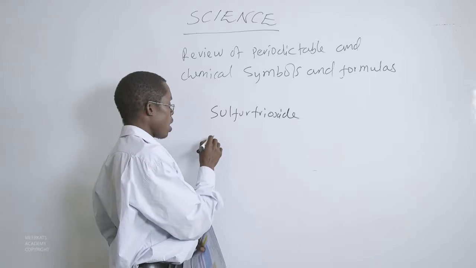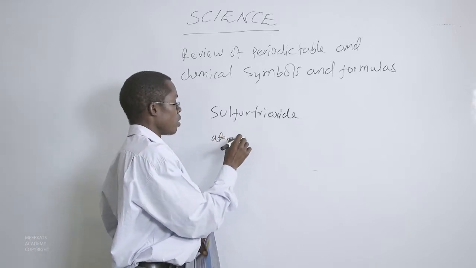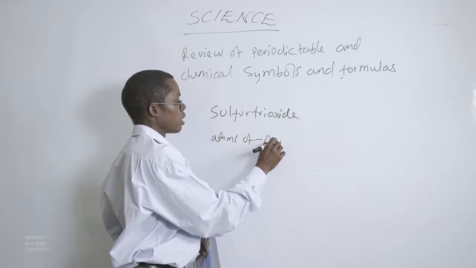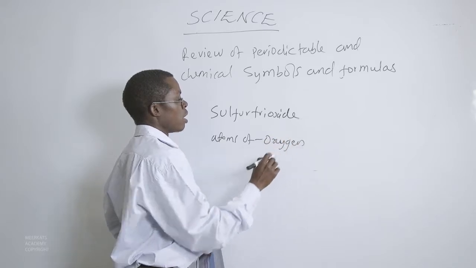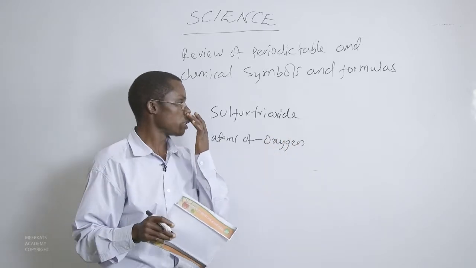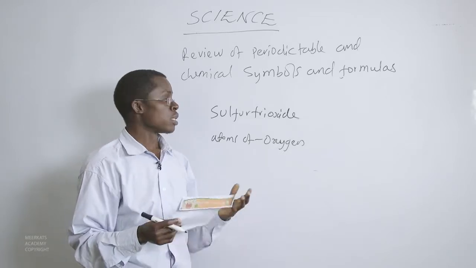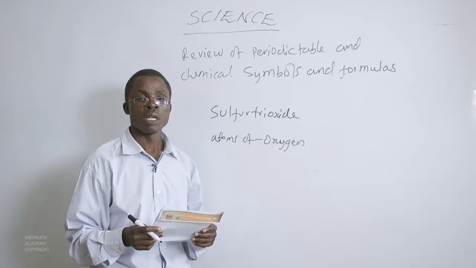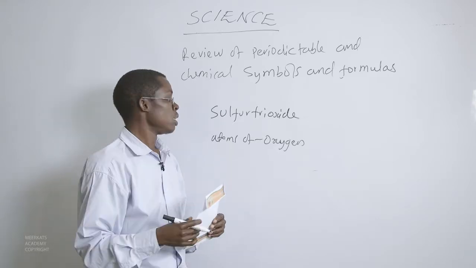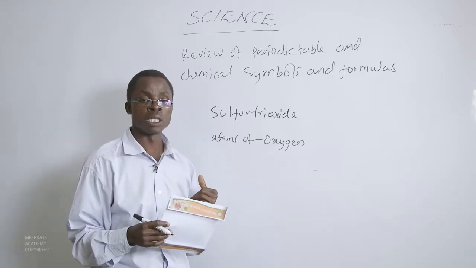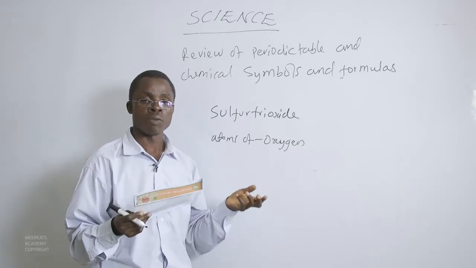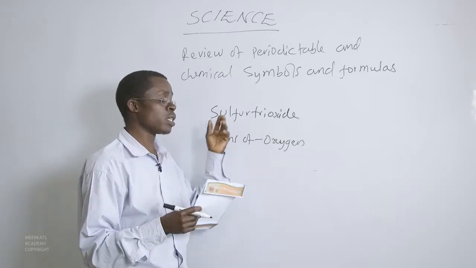They are looking for atoms of oxygen. How many atoms of oxygen can we get in sulfur trioxide? The same way we have handled the dinitrogen pentoxide is how we are going to handle this. So number 1, we write the formula of the compound from the name.